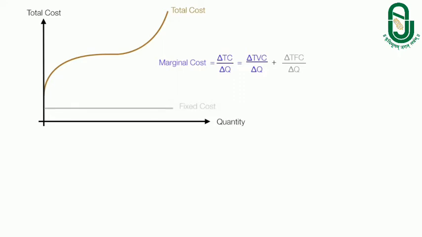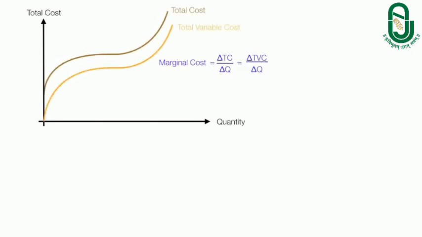But the change in fixed cost is actually 0. The slope, or the change in total fixed cost, is 0 regardless of the quantity. It's fixed. So really, the change in total cost is equal to the change in total variable cost.